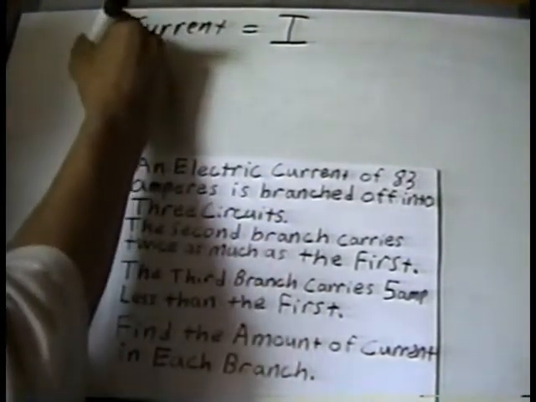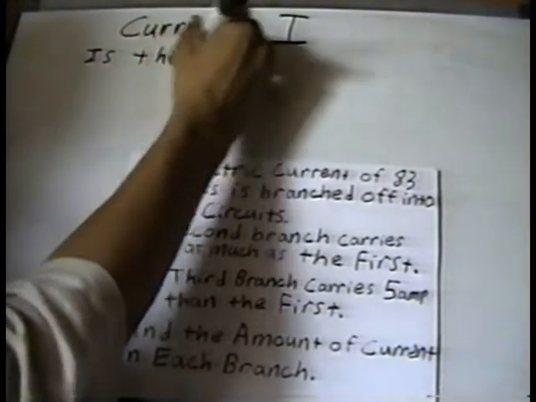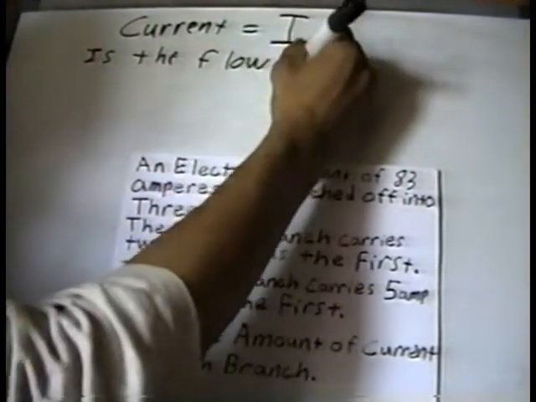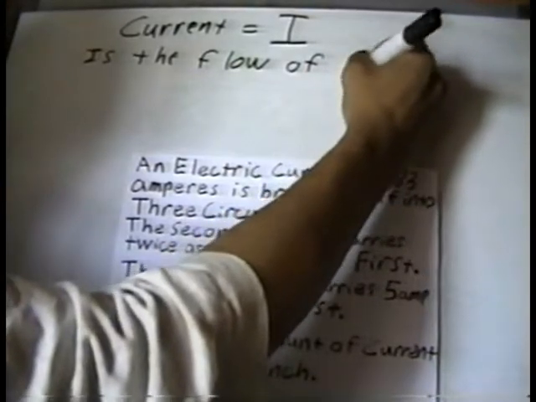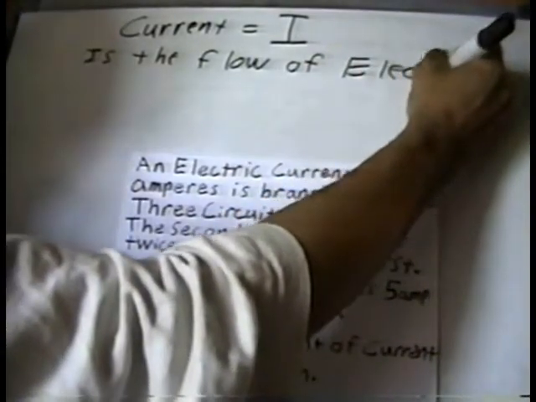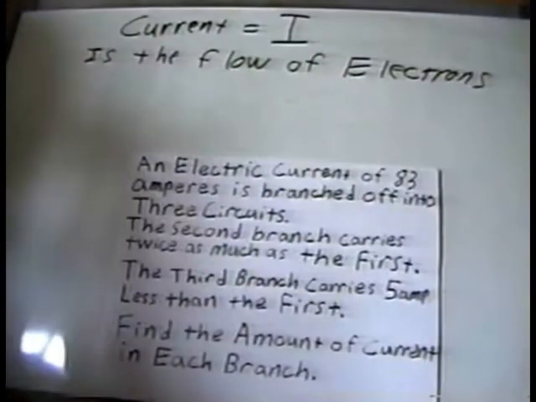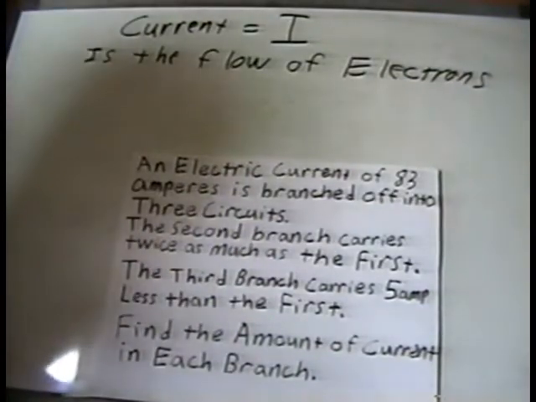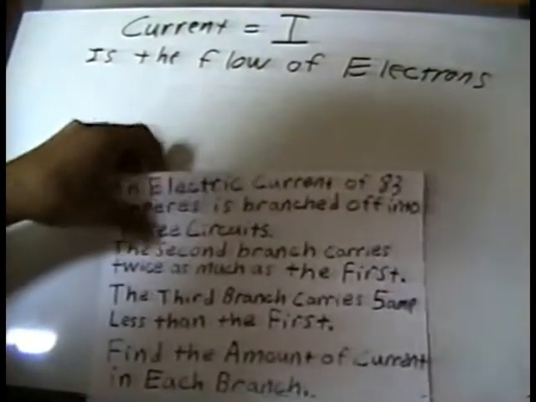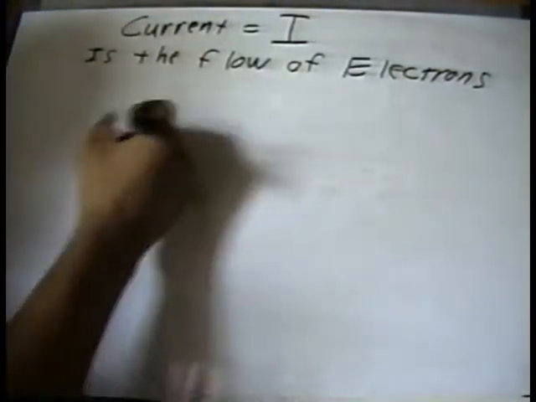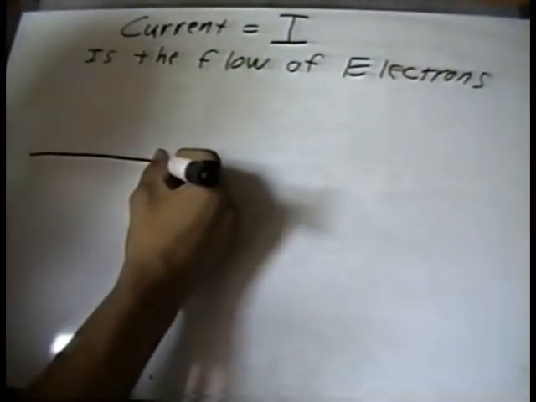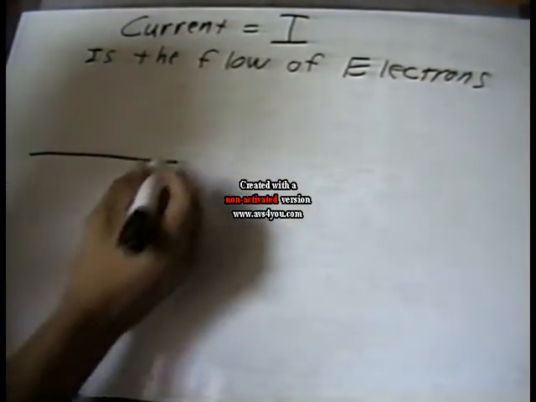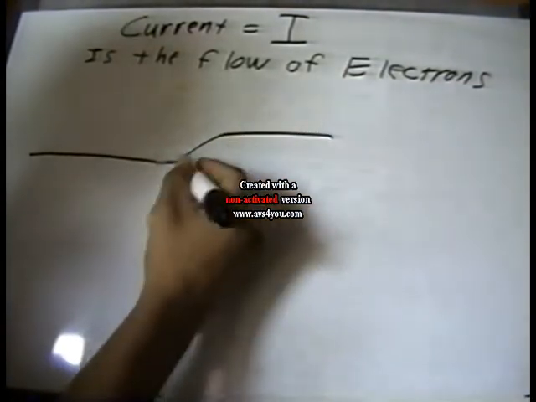Now, an electric current is a flow of electricity. Electric current is represented by the variable I. Now, the current is the flow of electrons. That's what electric current is.